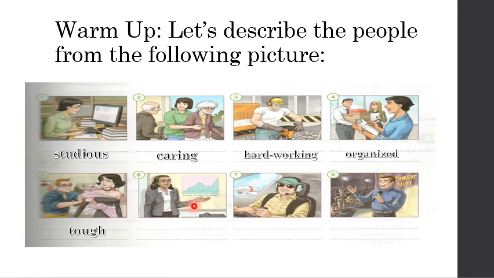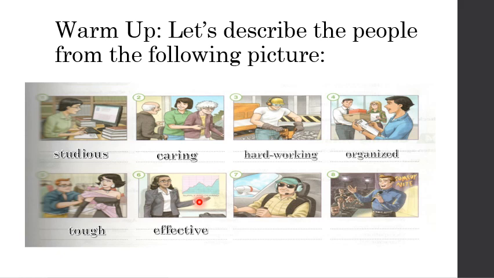Okay, if you see the way she looks, or if you can see her personality, maybe you can say she is a good woman. She is smart. She is very intelligent. Okay. So what can you say about this woman? Okay, for example, this woman is effective.